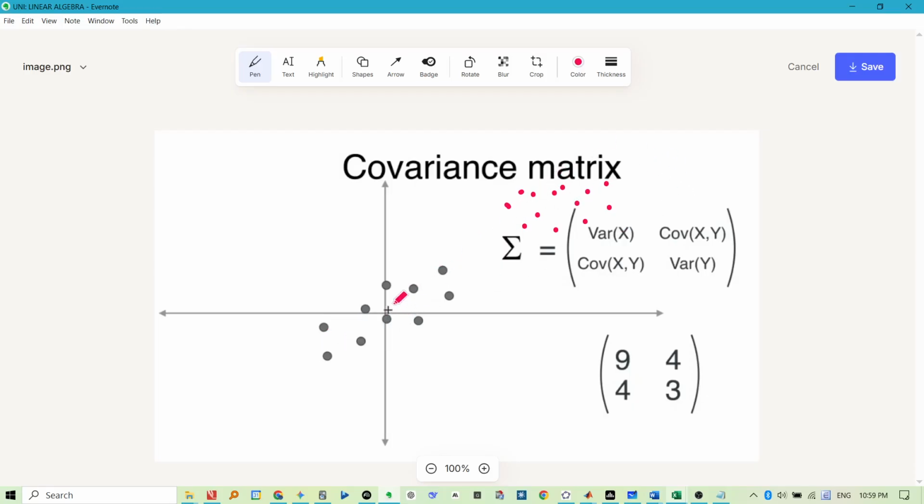Here, the origin of our plot is the mean value. The mean value is here.